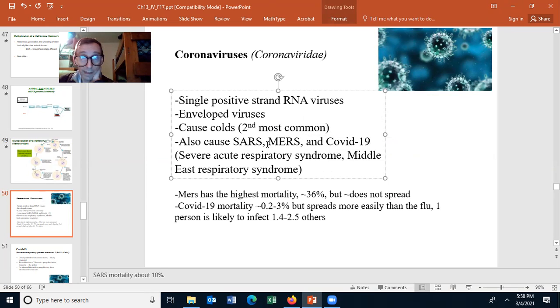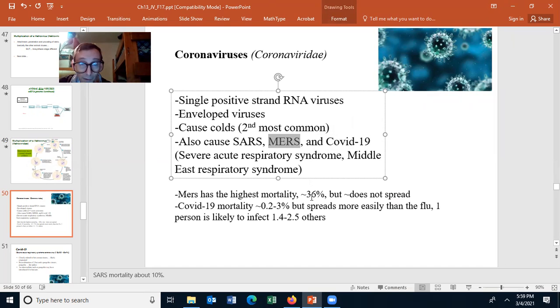These are all three highly related viruses. And all of them can cause mortality in humans. Fortunately, COVID-19 has the least mortality of the three. MERS has the most mortality of the three, but a good thing about MERS, the highest mortality rate, about 36% of people who get MERS die.